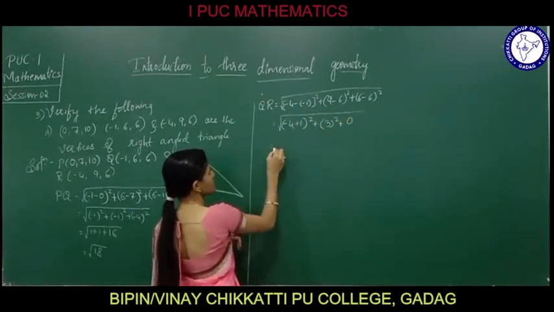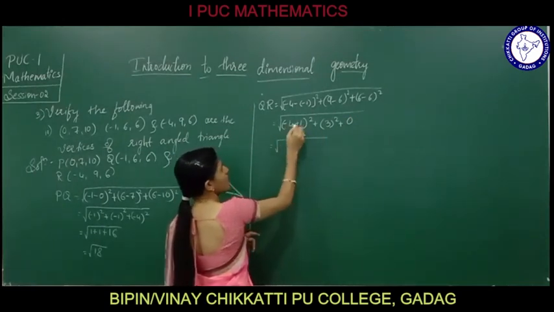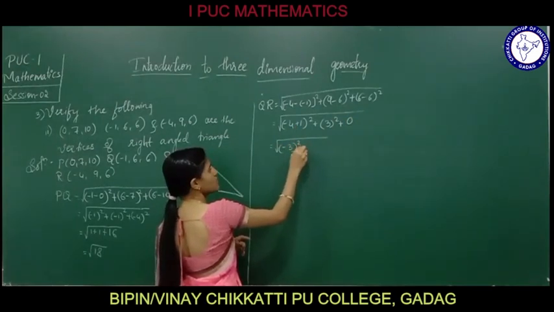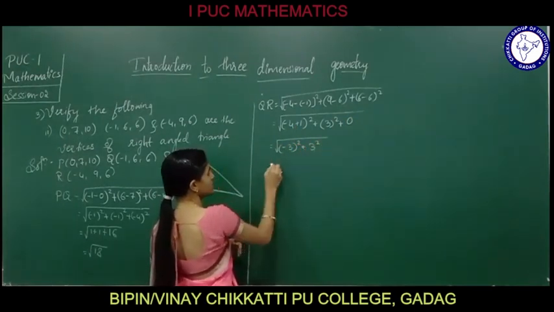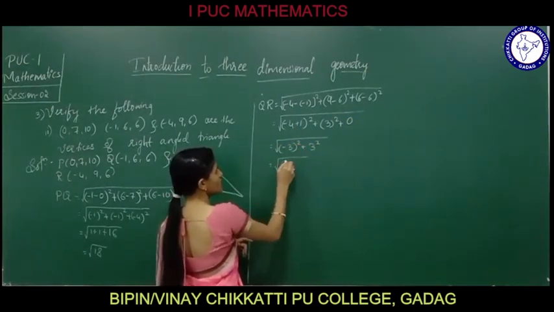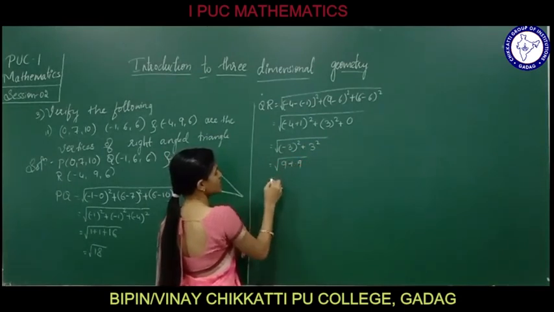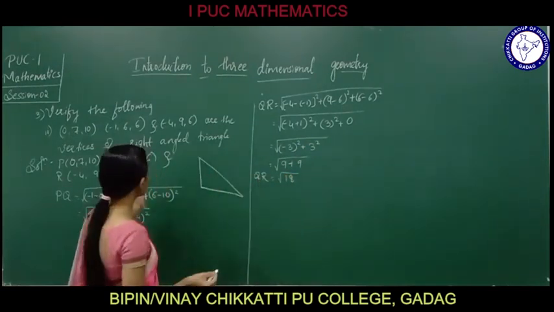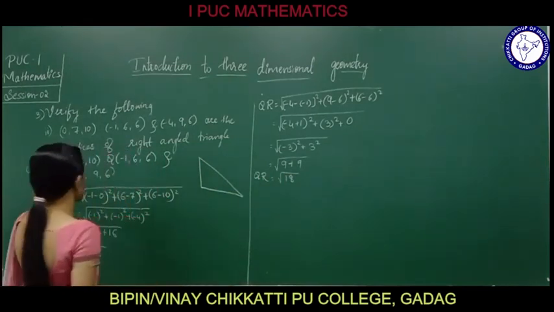Minus 4 plus 1 is minus 3 square plus 3 square, which is root of 9 plus 9, equal to root of 18. Right, this is QR.